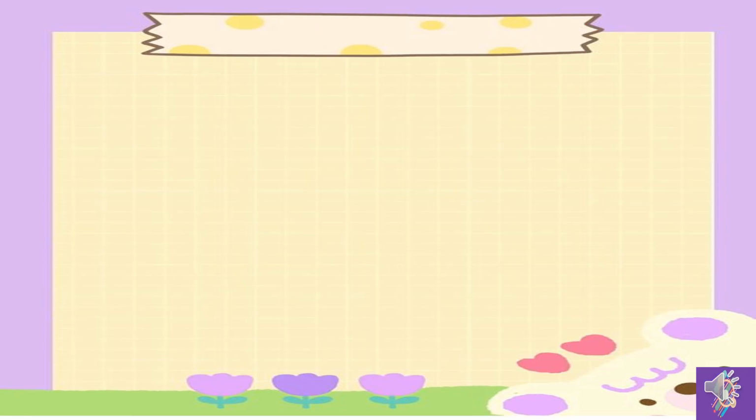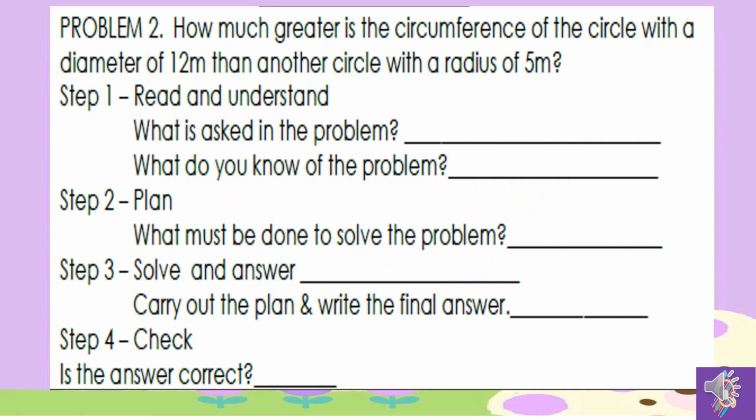Okay, so for problem number 2, how much greater is the circumference of the circle with a diameter of 12 meters than another circle with a radius of 5 meters? So you will follow these steps, from step 1 to step 4.